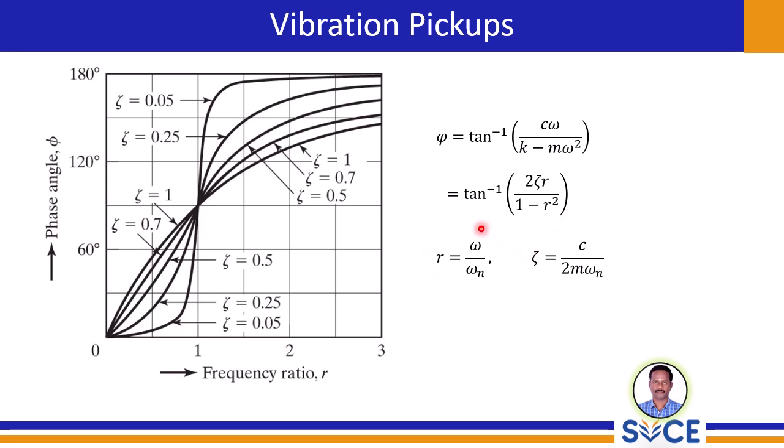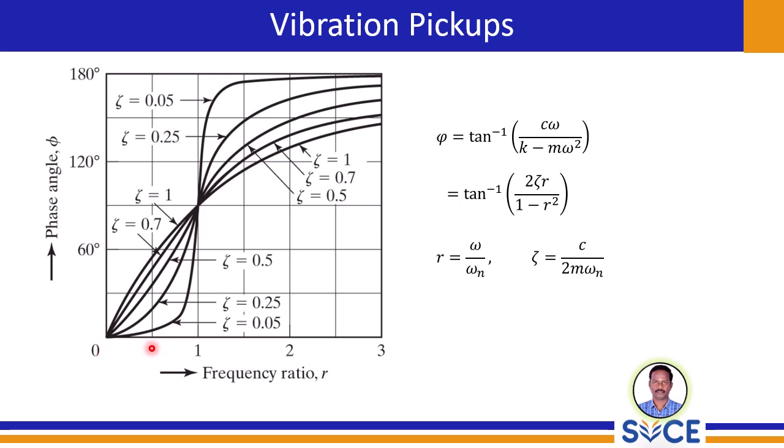r equal to omega by omega n, damping ratio equal to c by 2m omega n. The graph shows a plot of phase angle as a function of the frequency ratio r for different values of damping ratio. Observe the trend in the graph.